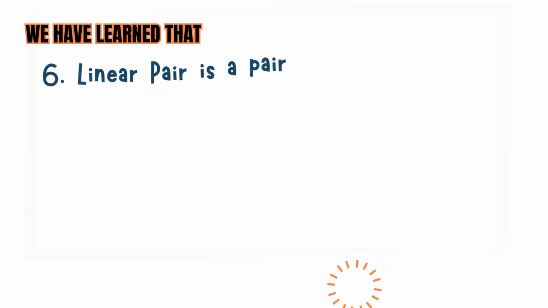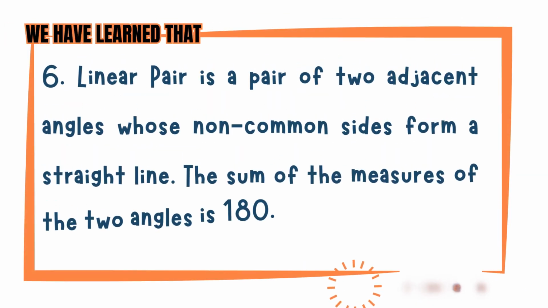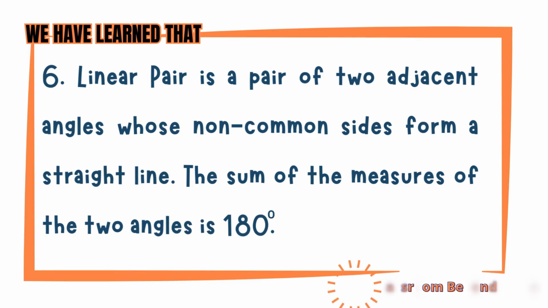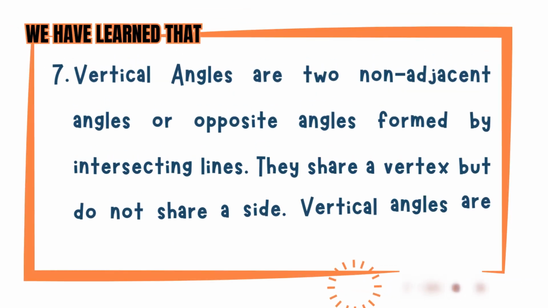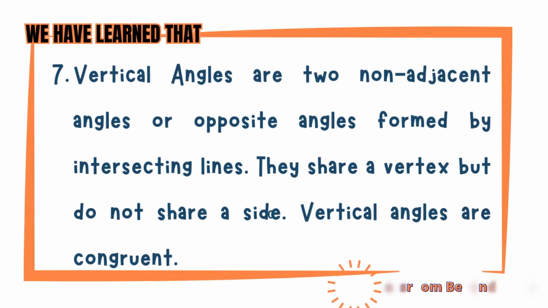Sixth, linear pair is a pair of two adjacent angles whose non-common sides form a straight line. The sum of the measures of the two angles is 180 degrees. Seventh, vertical angles are two non-adjacent angles or opposite angles formed by intersecting lines. They share a vertex but do not share a side.